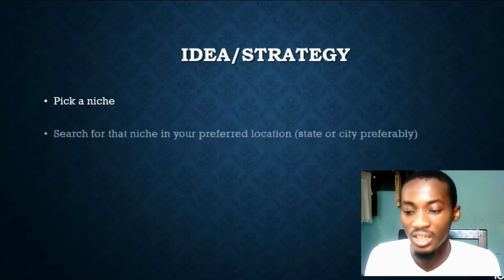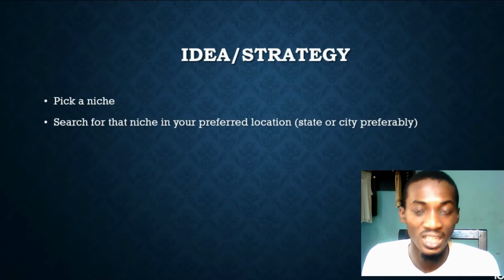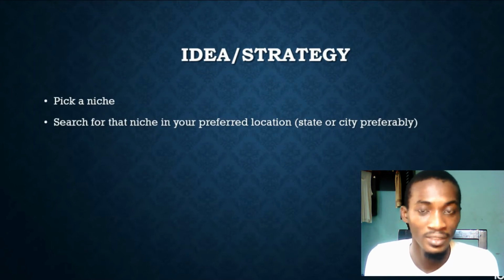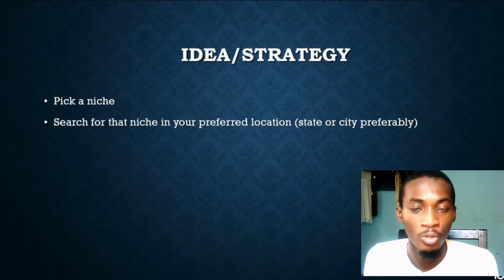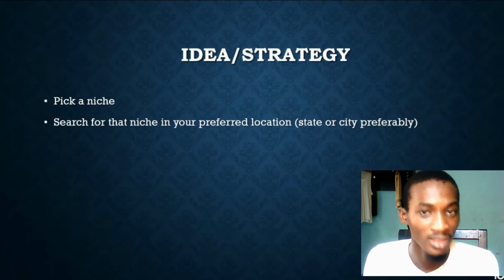Then the next thing you need to do is to search for that niche in the preferred location that you want. So let us say you want to target physiotherapists that are located in New York. What you can just do is go to Google, then search for physiotherapist in New York. Google will bring out the physiotherapists that are located in New York.